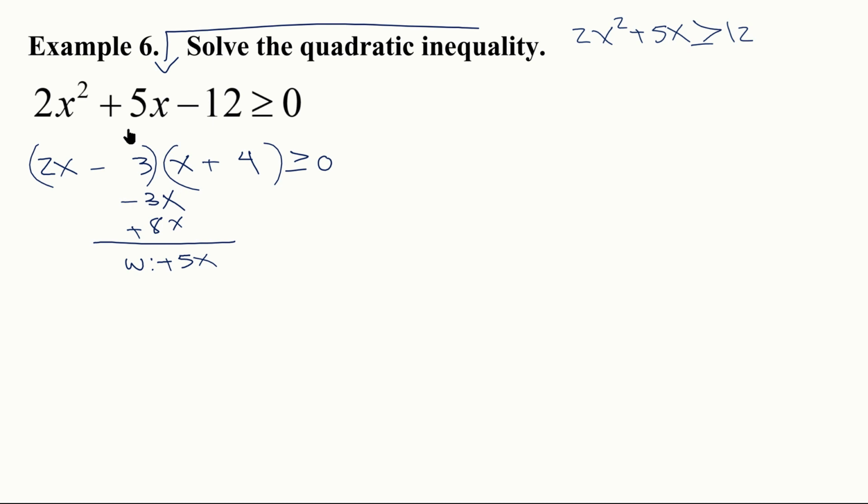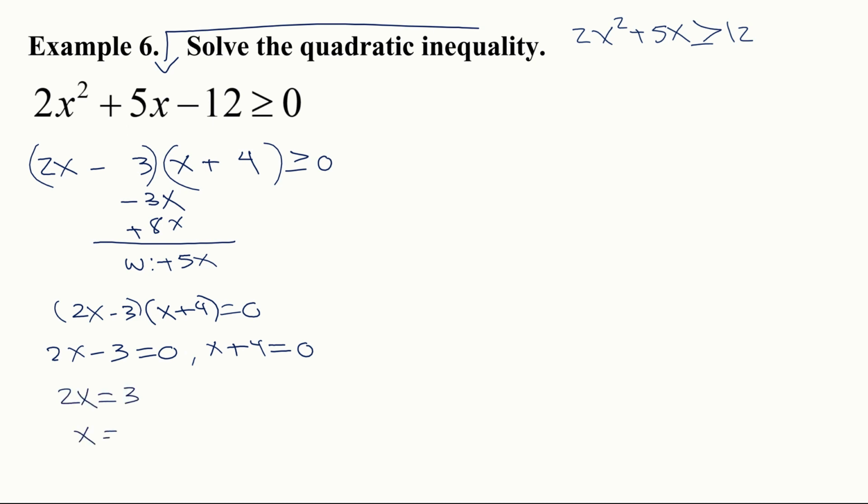So the associated equality is 2x minus 3 times x plus 4 equals 0. So either 2x minus 3 equals 0 or x plus 4 equals 0, which gives me 2x equals 3, or x equals 3/2, or x equals what?